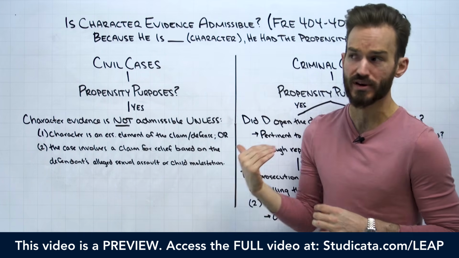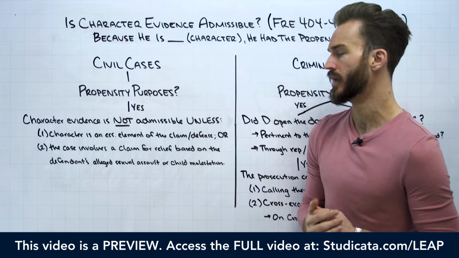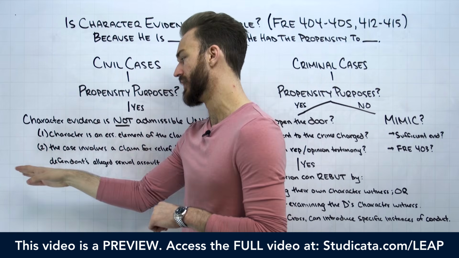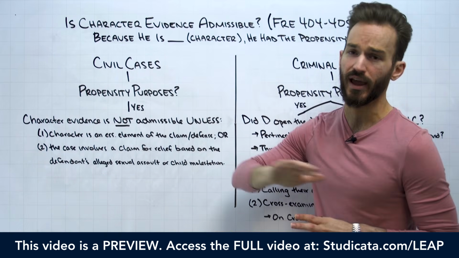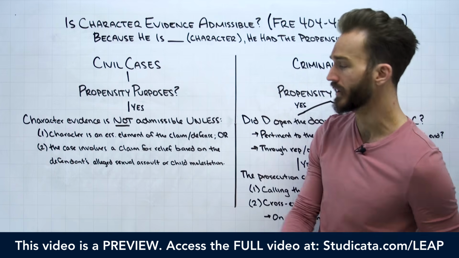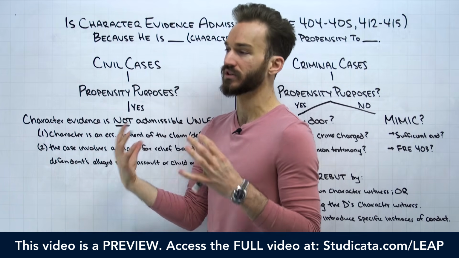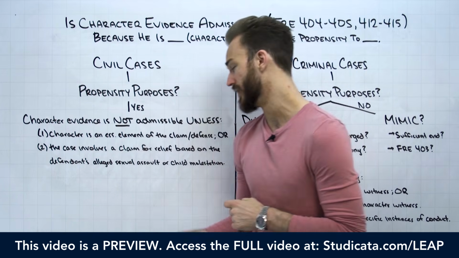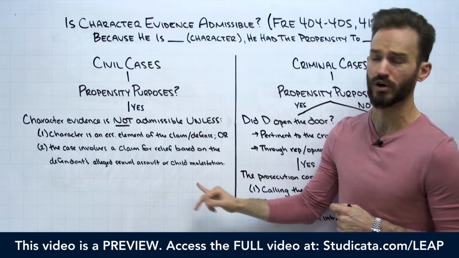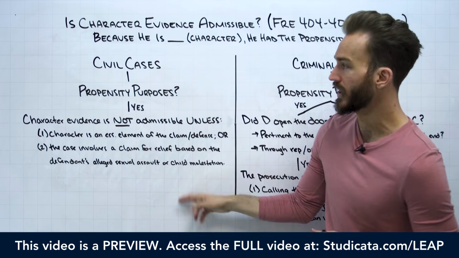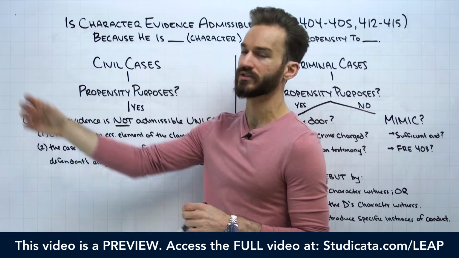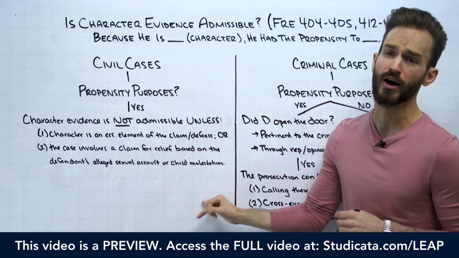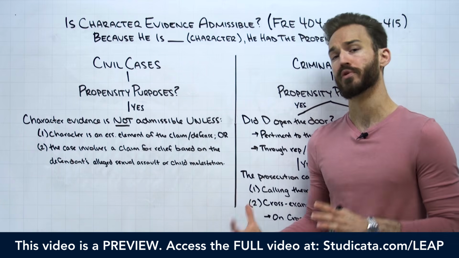Otherwise, the plaintiff would not be able to prove their case. Now, the second exception is just a straight exception that you have to memorize. If the case involves the defendant's sexual misconduct, either sexual assault or child molestation, then you're allowed to introduce prior instances of sexual assault or child molestation for propensity purposes.